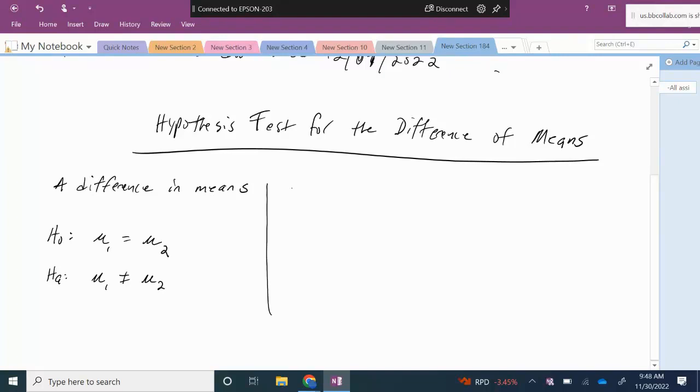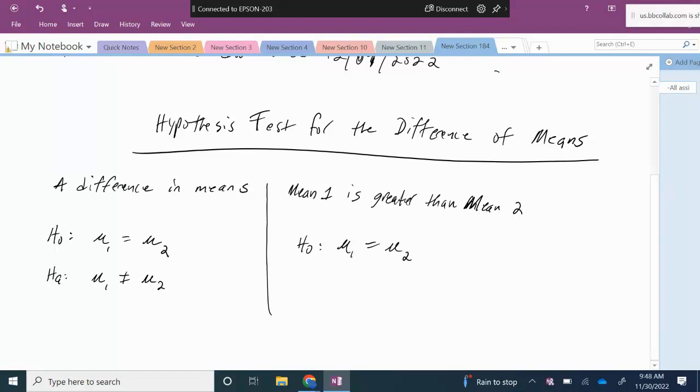If you're testing that mean 1 is greater than mean 2, here again, the null hypothesis is that the two means are equal.